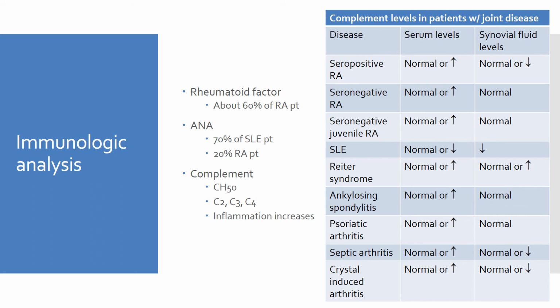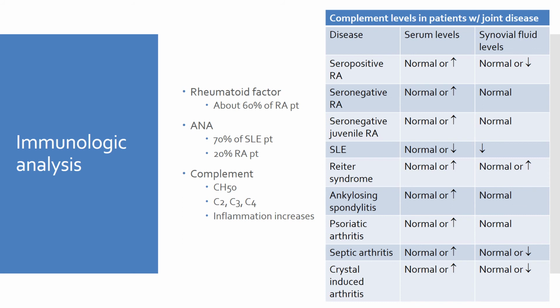You have an IgA version, an IgG version, as well as an IgM version. The version that we're looking for in the synovial fluid for the most part is IgG. So we might have increased levels of those. Again, it's not perfectly specific, but about 60% of RA patients do have that factor in their synovial fluids.